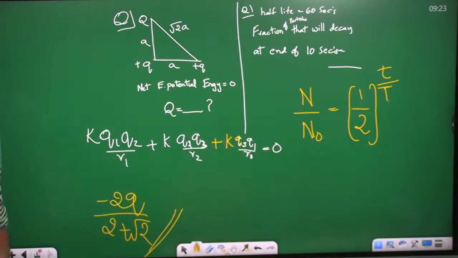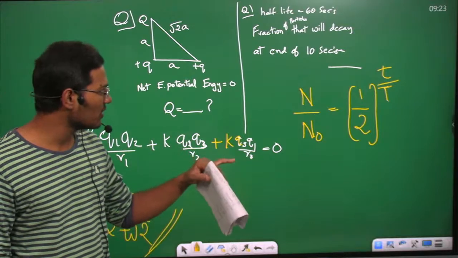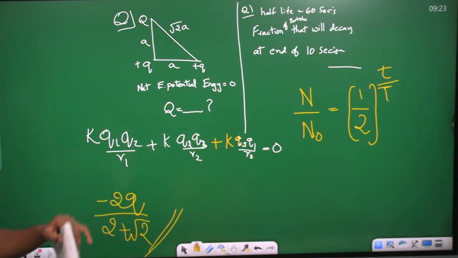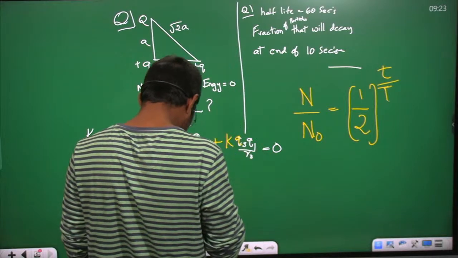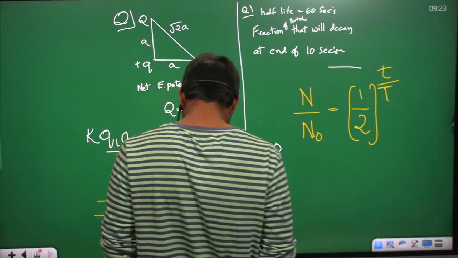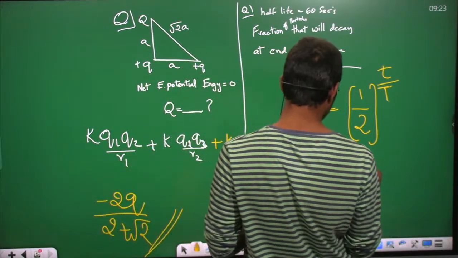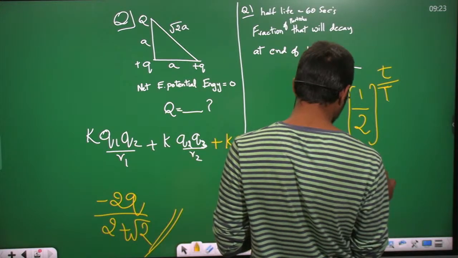Where n is the total amount of particles at given time, n naught is the initial, and capital T is nothing but half-life. So you will get something as 2 power minus 1 by 6, right?